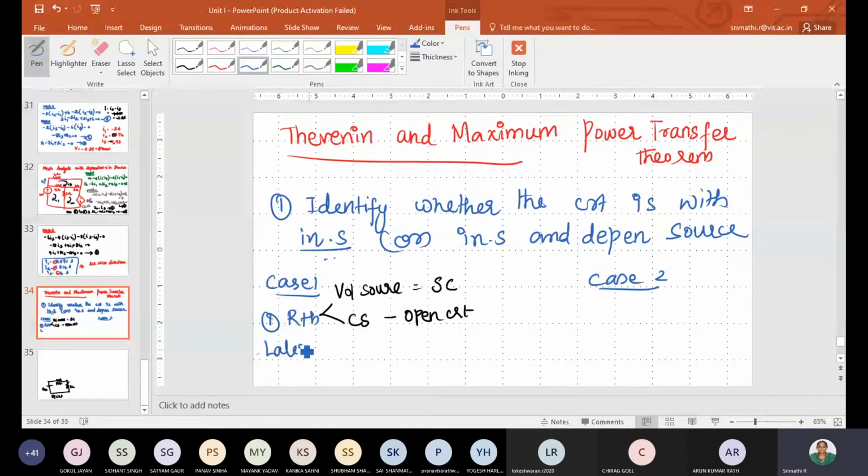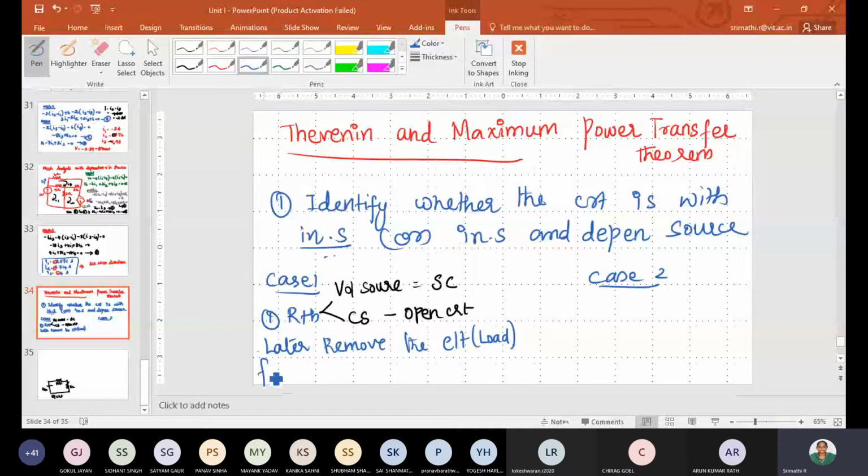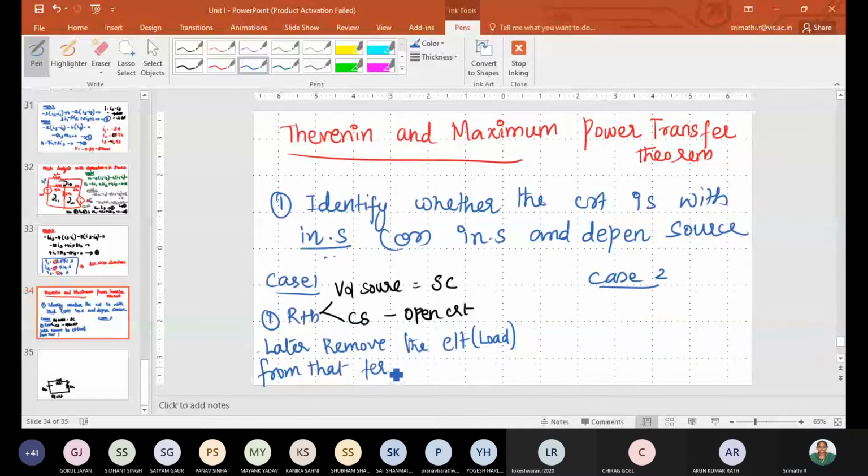Later, remove the element under consideration or load element, and from those terminals find the equivalent R, which is otherwise said to be the looking back resistance. Okay, looking back resistance.